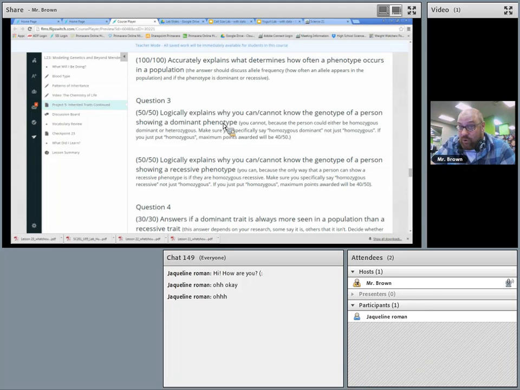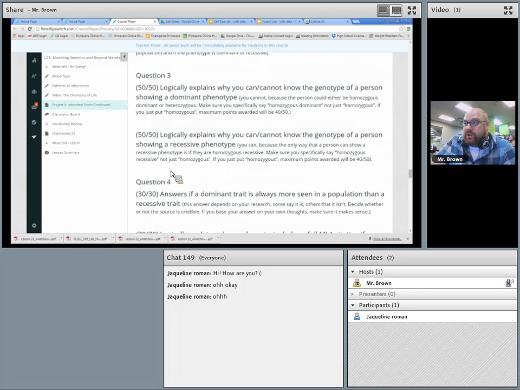You can for a recessive because there's only 1 genotype, but you cannot for a dominant phenotype just by looking at them. So you can't know if a person is dominant because there are 2 different genotypes. You can know the genotype of a person with a recessive phenotype because there's only one. All right, so that's question 3.